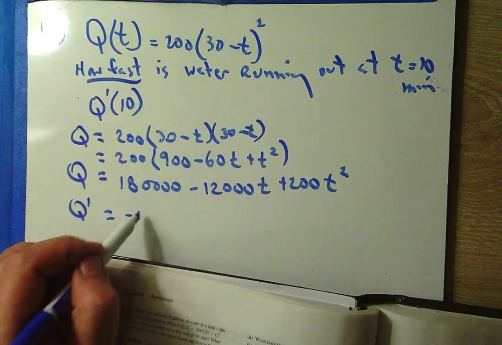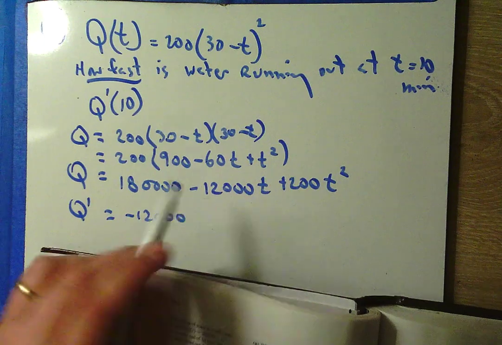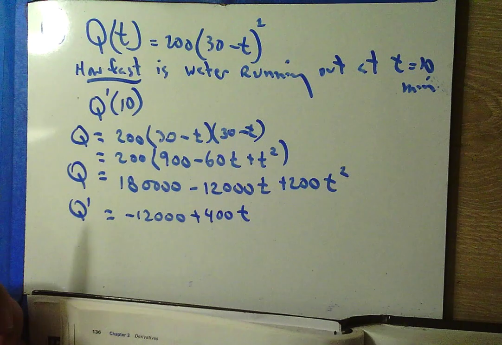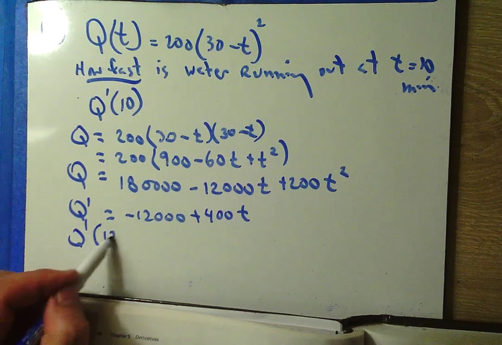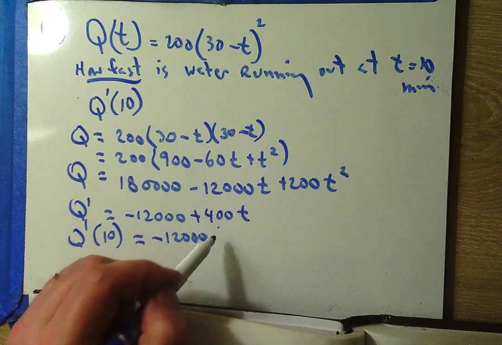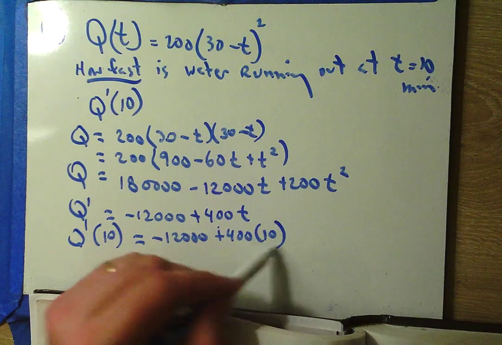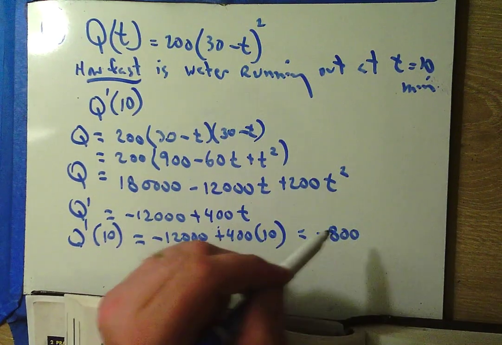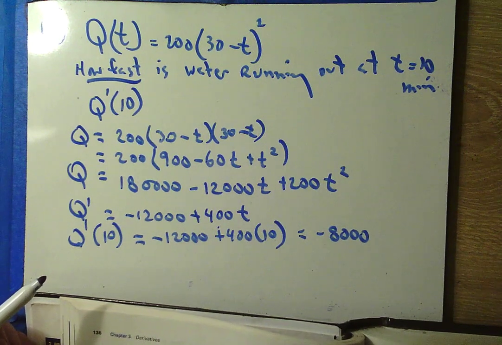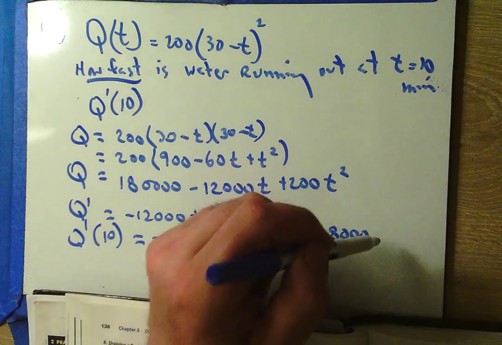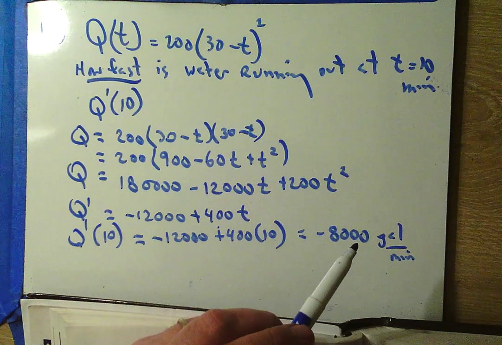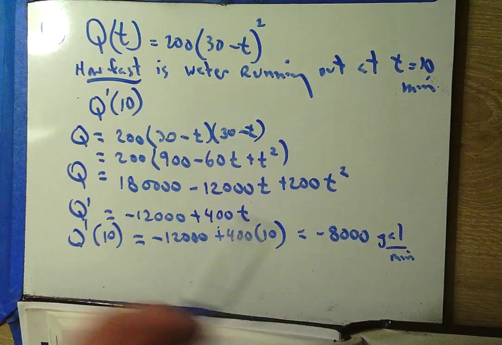The derivative of this is negative 6,000. Be careful about that negative sign. And the derivative over here is 200t. Okay, so if I want q prime of 10, then I want to plug a 10 in. And I get negative 4,000. What are the units? Well, they told us that quantity is measured in gallons and t is measured in minutes. So this is gallons per minute. 4,000 gallons per minute. This is draining very fast.